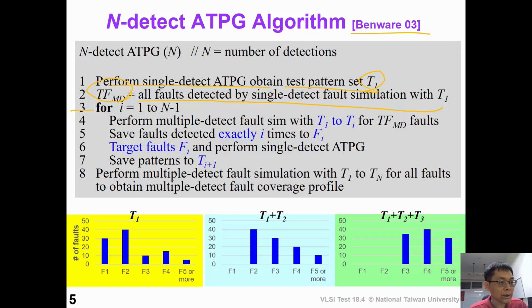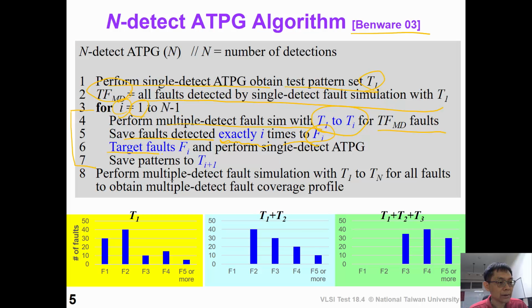From line 3 to line 7, we have a loop to incrementally increase the number of detections. Starting from i equal to 1, we perform multiple detect fault simulation from T1 to Ti on those target fault list TFMD. And we save those faults detected exactly i times to a fault list Fi.